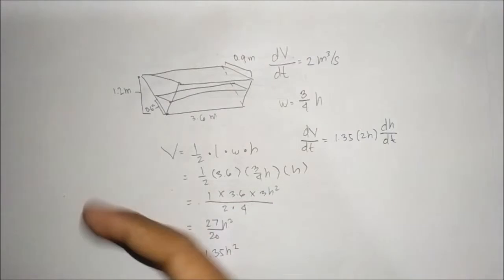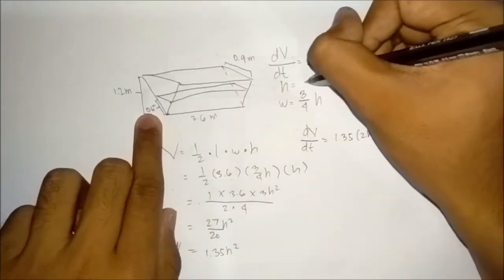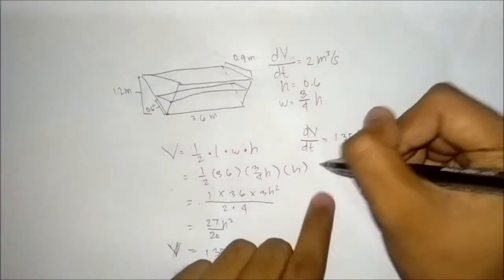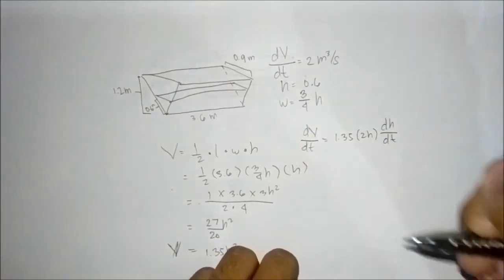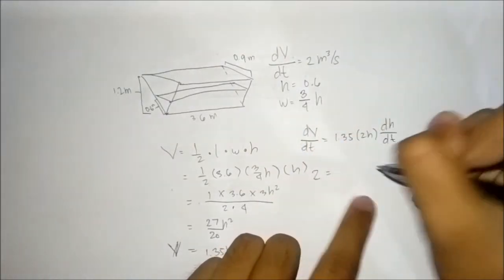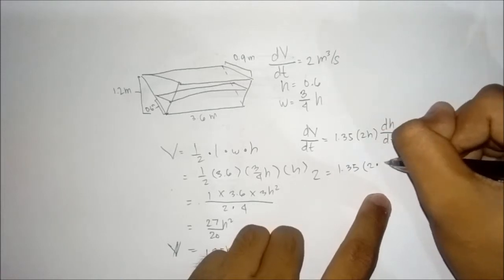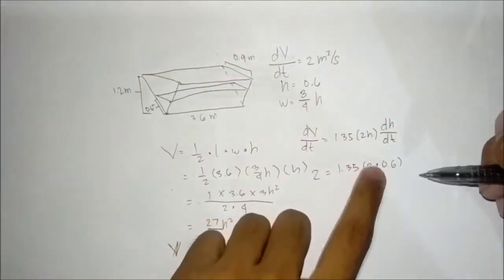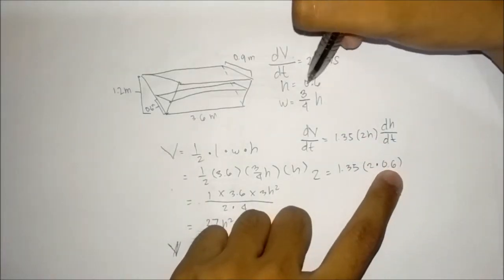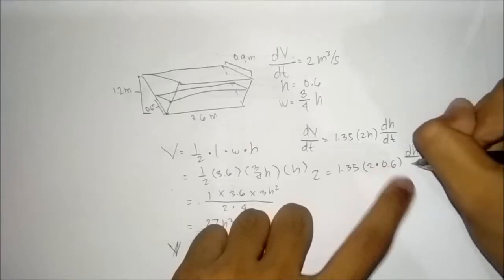Our data says that 0.6 is the height of the water. So we plug that in, and dV/dt is 2 cubic meters per second. So 2 is equal to 1.35 times 2 times 0.6, the height of the water, multiplied by dh/dt.